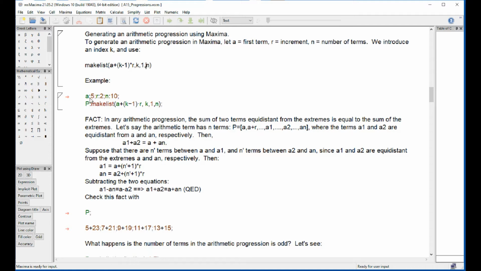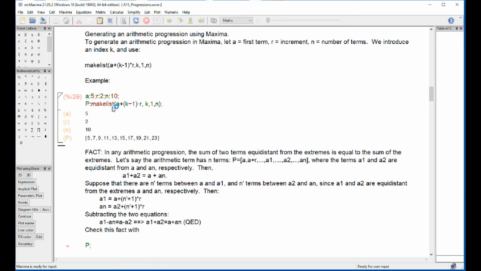For example, if I have an initial value of 5, an increment of 2, and I want 10 elements in that list, I use the makeList example right here, and then you get 5, 7, 9, and so on, and there is an increment of 2 within each one of those sequences.